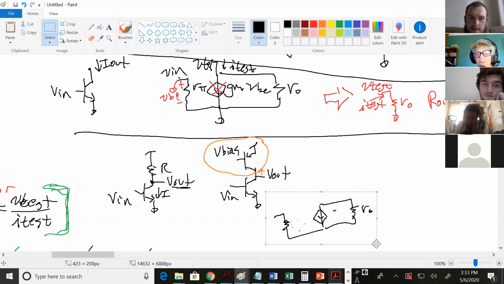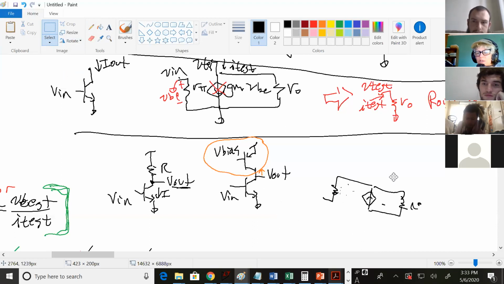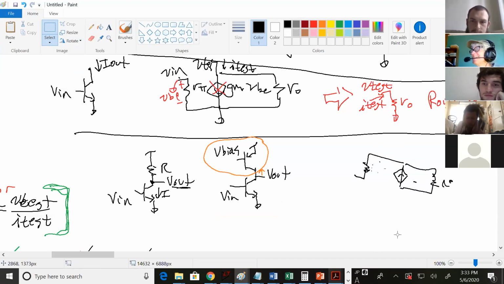Flip it. So if you just take that, that's the NPN, just turn it upside down. And so everything that was on the bottom for an NPN is now at the top. It was an emitter at the bottom for an NPN, so now it's at the top.